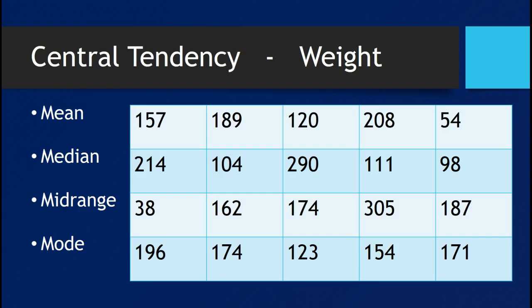Now this is one data set, so as far as the lists go, even though it's arranged in a 4x5 grid, you still put all 20 pieces of data into list 1. So right now, pause the video, try to calculate the measurements of central tendency, and in about 5 seconds, I will start back up.